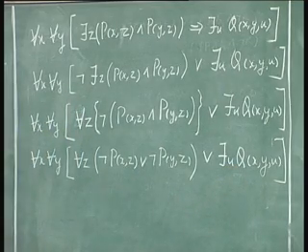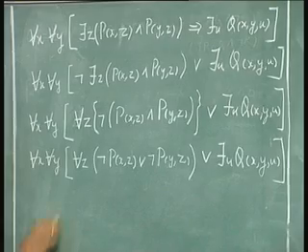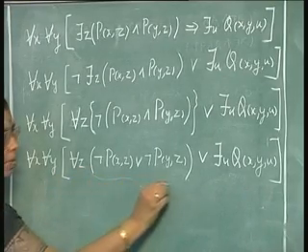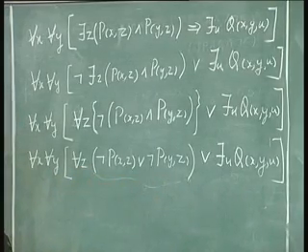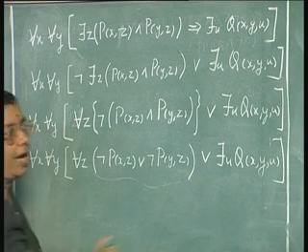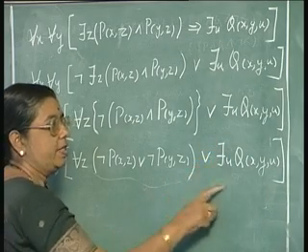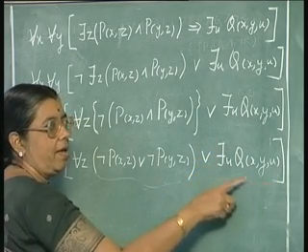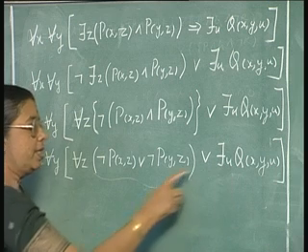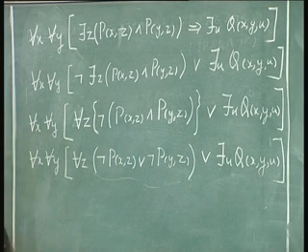Now, you can see that the scope of z is this portion and z is not occurring in this portion at all. And similarly, for there exists u, the scope is this, and u is not appearing in this portion.